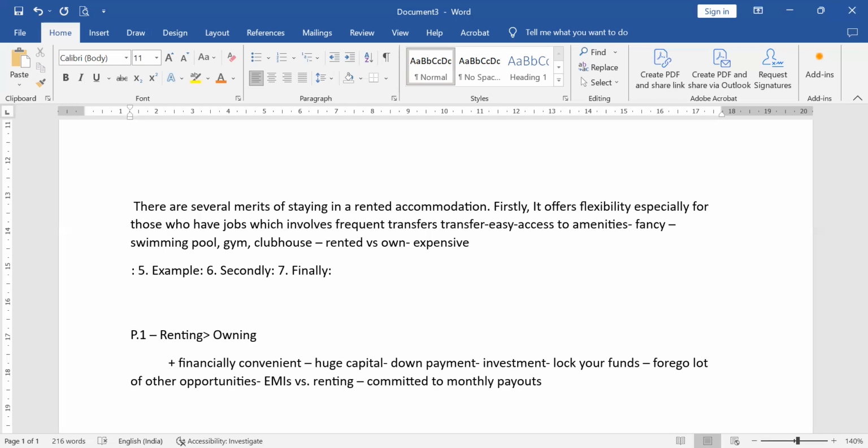I'm okay with a transfer in 5 years, 10 years, but if they're getting a transfer every 2 years, then it's difficult to settle down, right? Frequent transfers. Full stop.